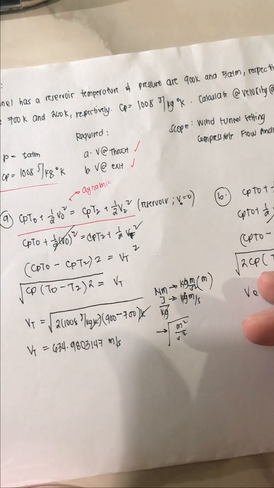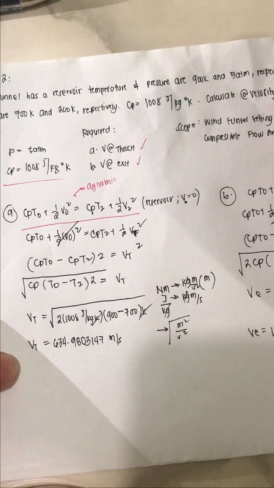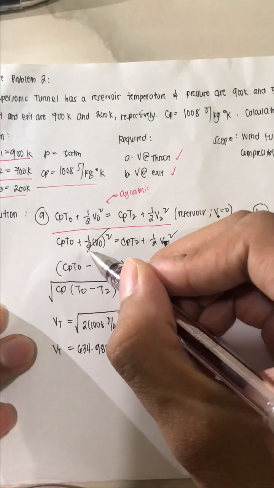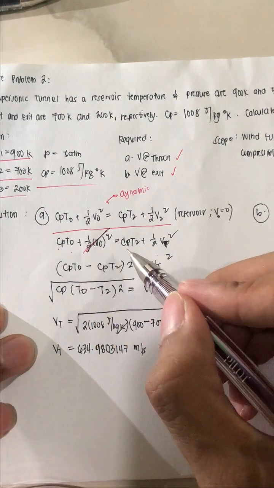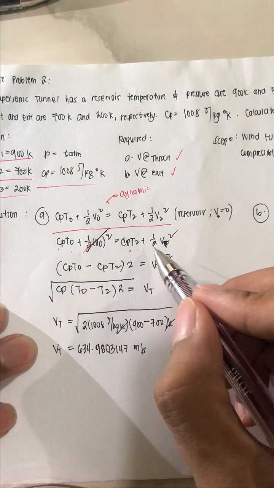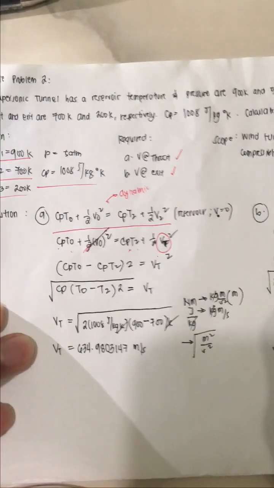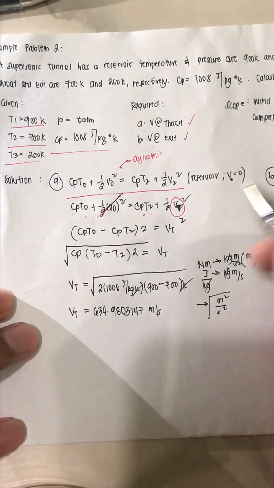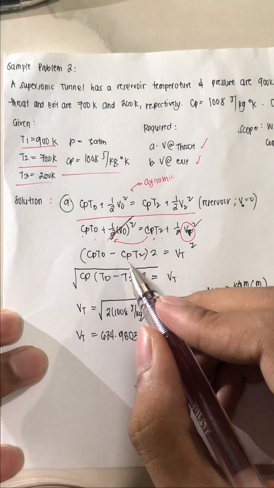So, in the reservoir, we know the velocity is 0. Canceling the velocity leaves us with Cp T0 equals Cp T at the throat plus 1/2 the velocity at the throat squared. Since this is what we are looking for, we isolate it. We transpose it to the other side, making it minus.